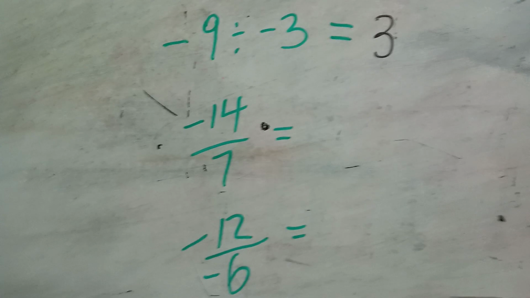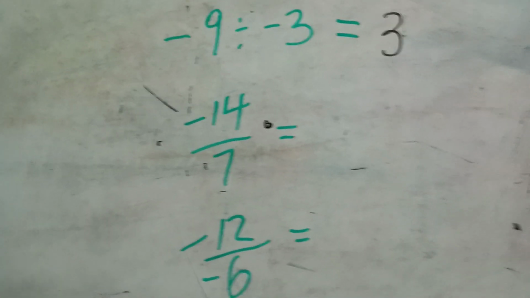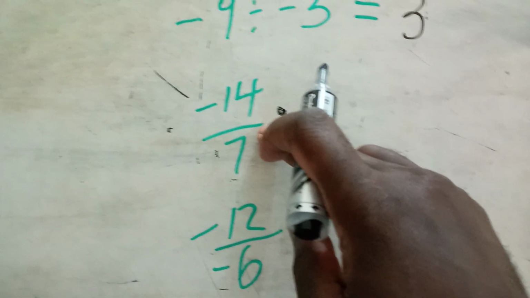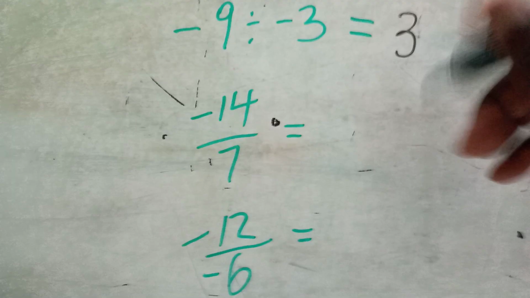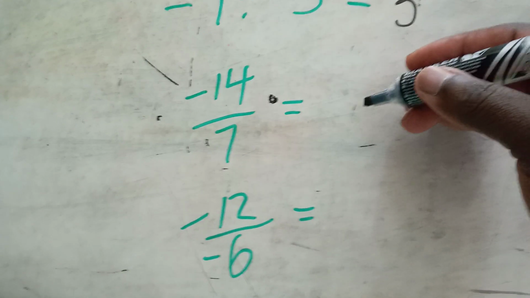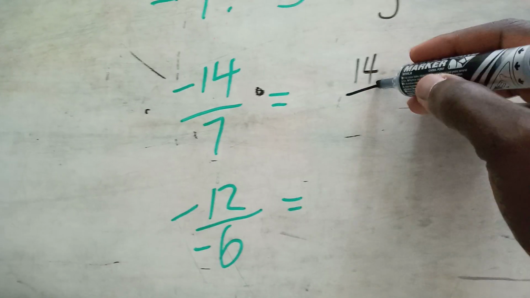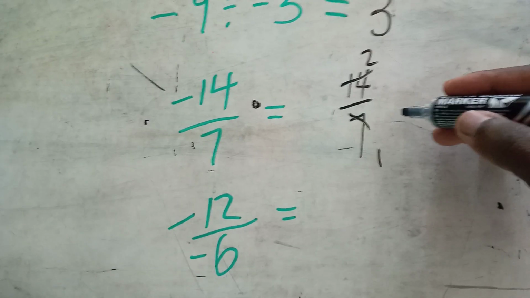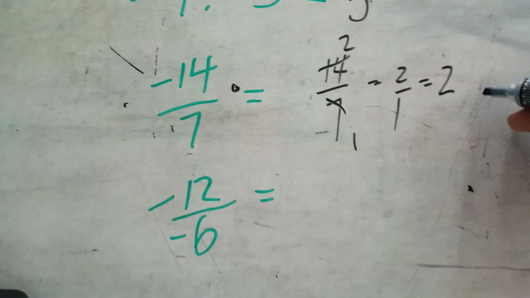Alright. Now we have 14 divided by 7. And then you're asking me, what do I mean by division when I'm seeing this vinculum here? This also means division. We could do it 2 ways if you want. We could do 14 over 7, 7 into 14 is 2, and 2 over 1 is the same as 2.